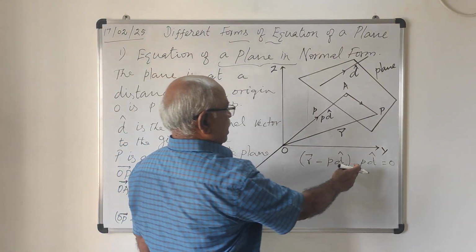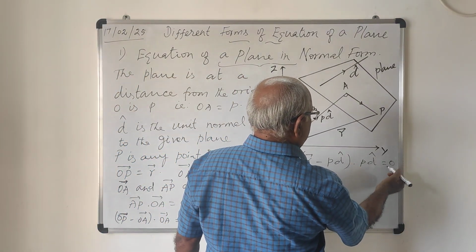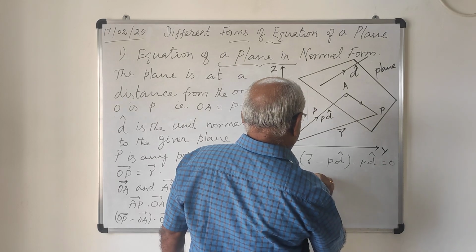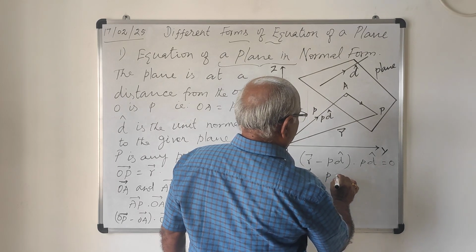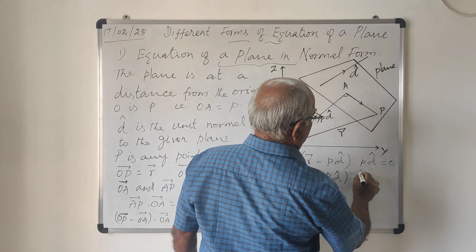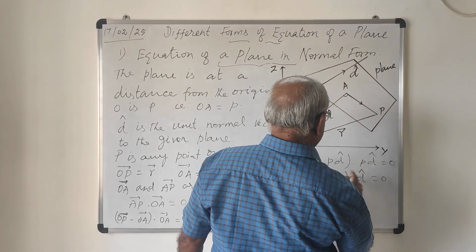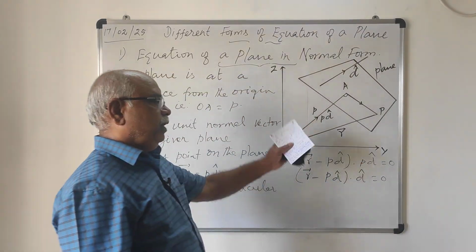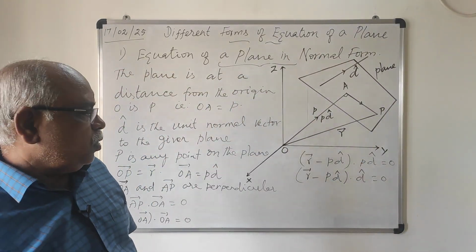Since p is a scalar, if you bring it to the right hand side, it becomes 0 by p, which is 0.